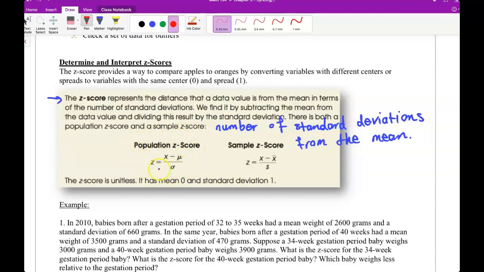The first one here on the left is the population z-score. Since we have the population in the denominator, we have sigma, which is the population standard deviation. On top is x minus mu, and mu is the population mean.